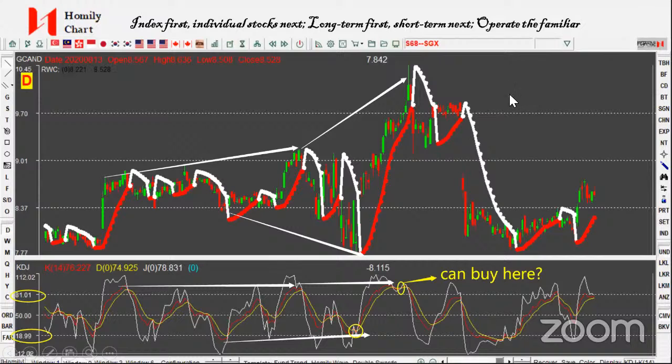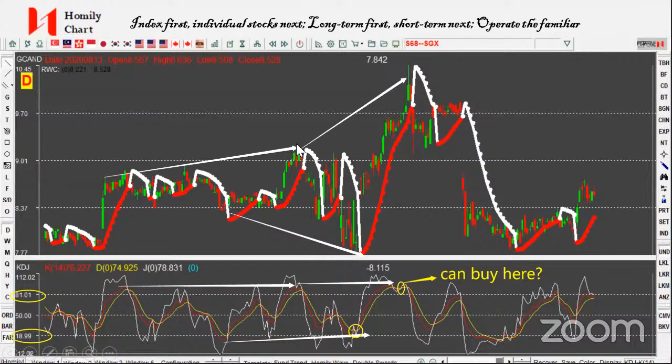SGX again. Still pay attention to the overbought and oversold values: this is 18, this is 81, right? And then can you see that above we have the price, the high point becomes higher and higher, right?